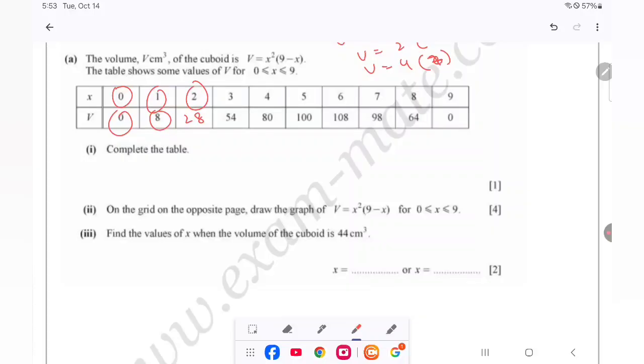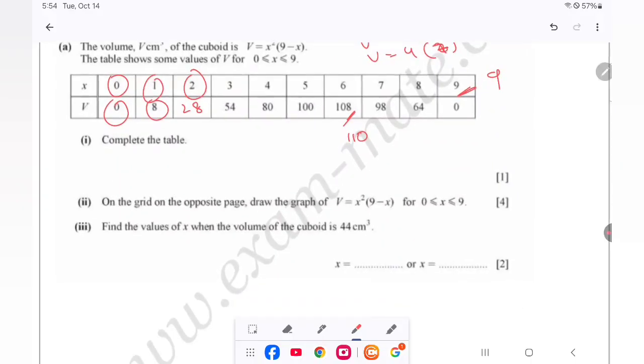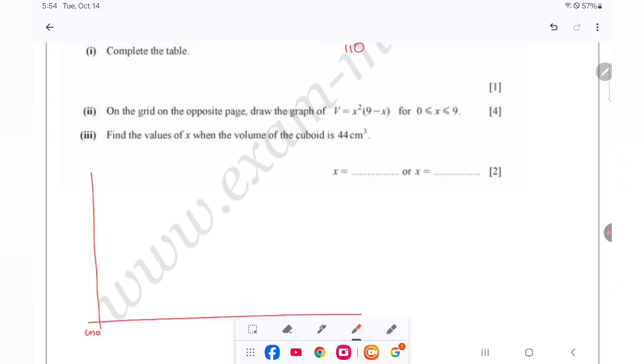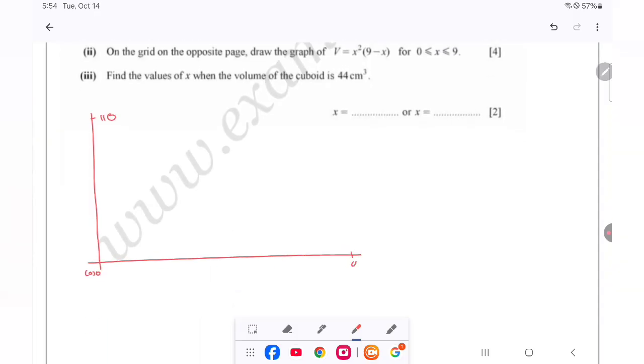Now on the grid on the opposite page, draw the graph. We have to put the values. The maximum value of V is 108, so we can say 110, and the maximum value of x is 9. This will become our V axis and this will become our x axis, 0, 0. And the maximum value of V, we consider 110, and this is our 9.